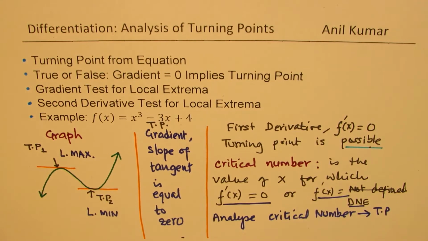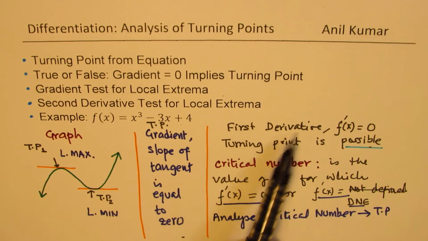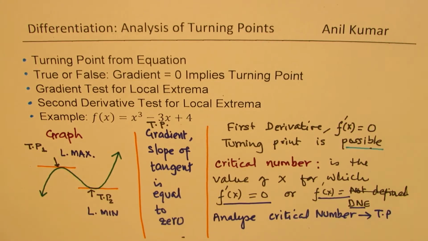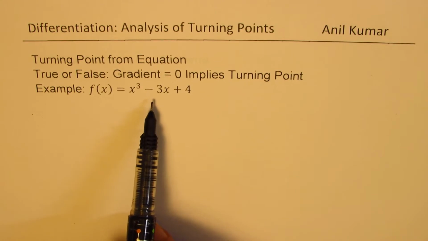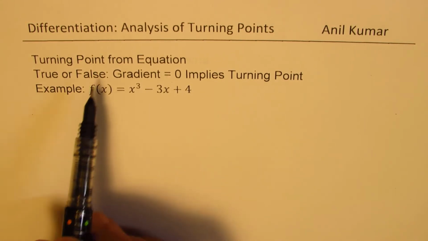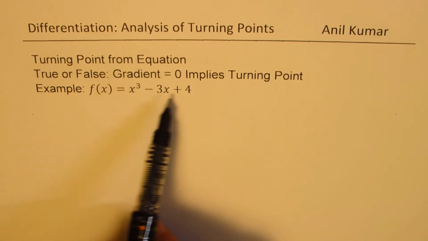Okay. So what we understand here is that from a graph it is easy to check where the turning point is, but from the equation we could figure it out if we find the first derivative, correct? So let's move forward and check where we have turning points from the given equation. So now in this part of the video we will understand how to find turning points from the equation.